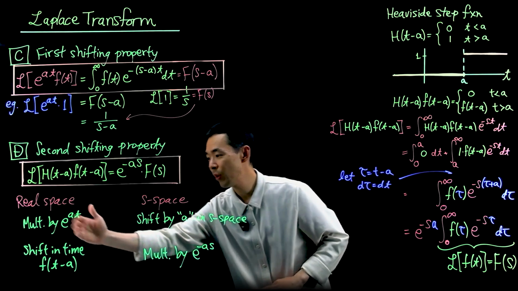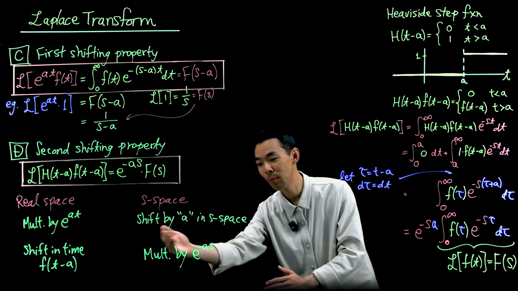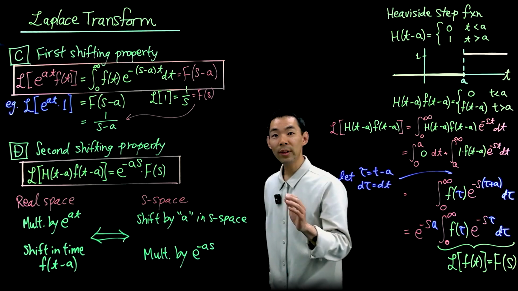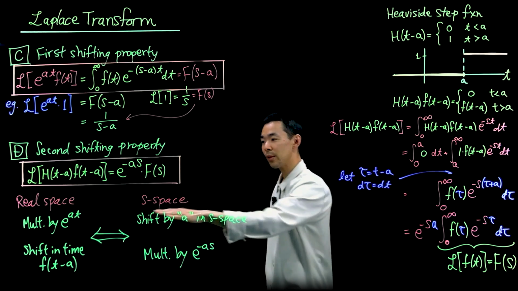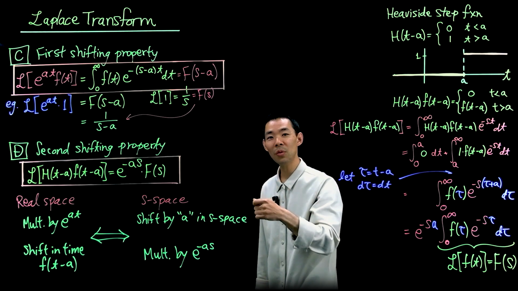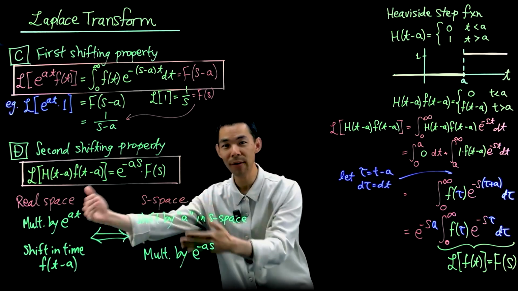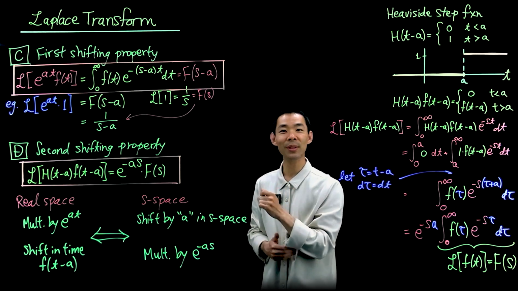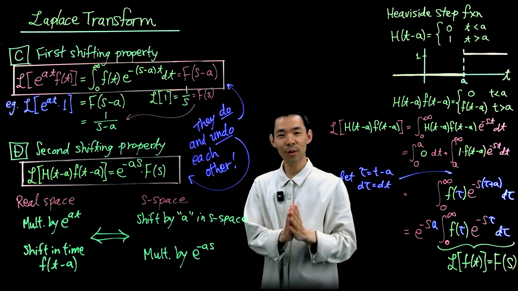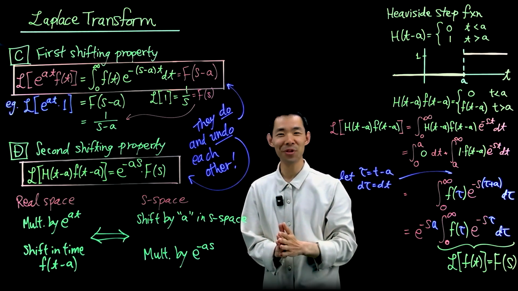Second shifting property: when you shift in time by t minus a, in the Laplace domain, you multiply by e to the negative as. So what you can see is that the first shifting property and the second shifting property do and undo each other. You can clearly see that there is a parallel between them. That's the most important thing to remember, aside from each of these properties itself. So in conclusion, the first and second shifting properties do and undo each other.